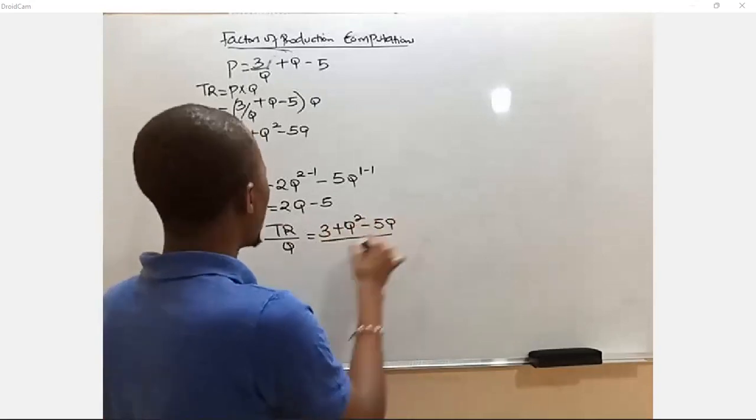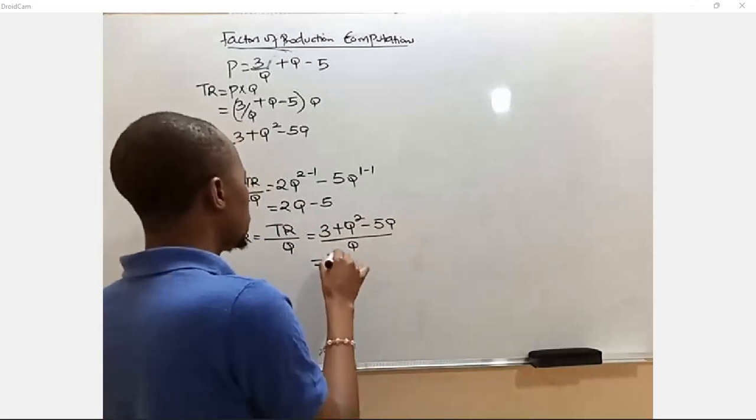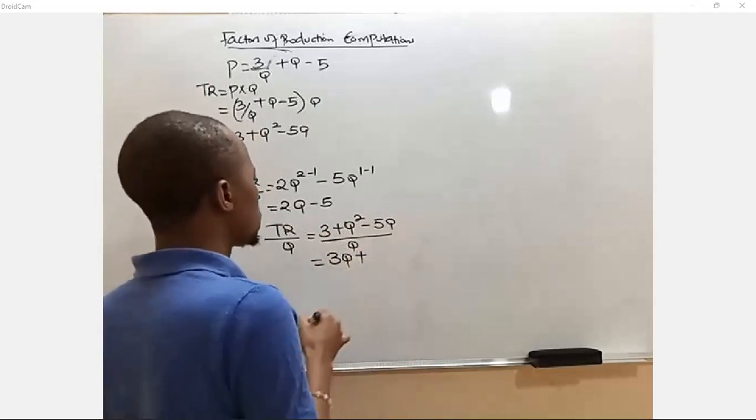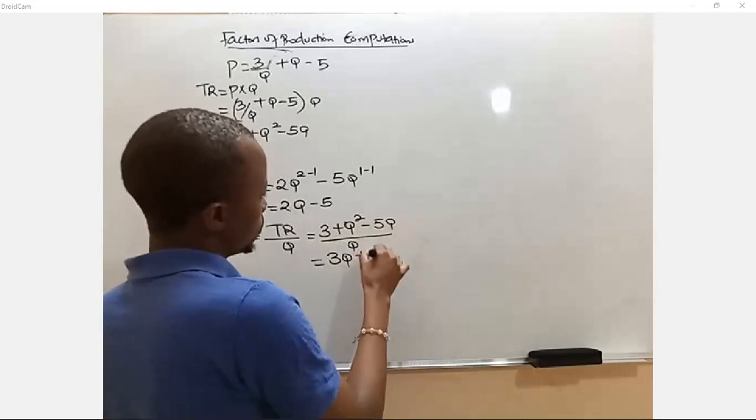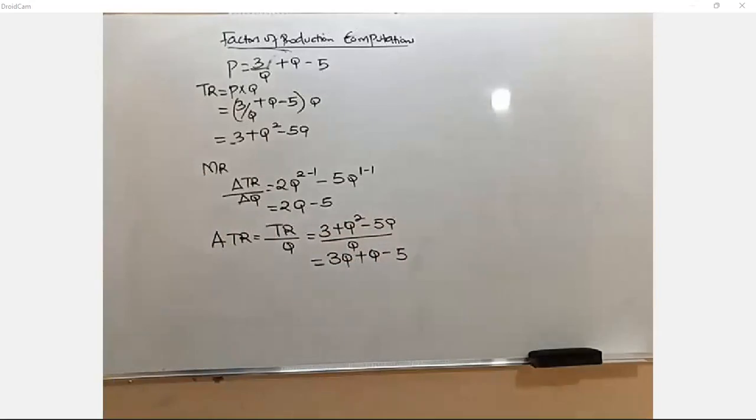You divide it by our Q. So in this case, we are going to have 3 over Q plus Q, minus 5. Are we together at that point?